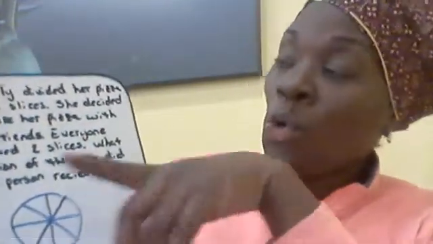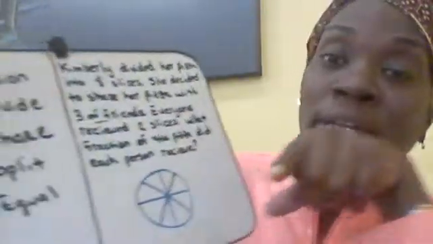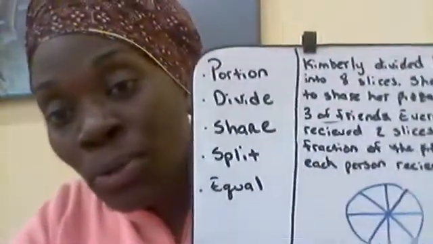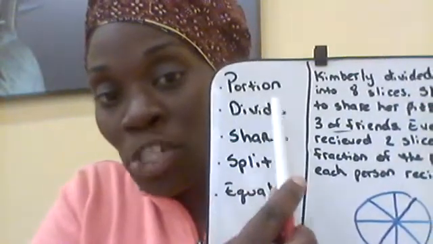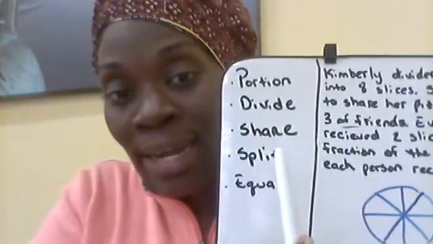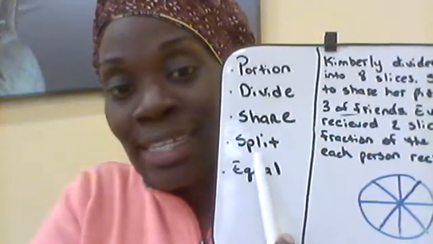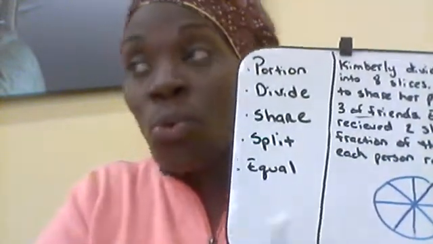So when we look at our word problems, some key words that we need to make sure we look out for are portion, divide, share, split, equal, parts, or segment. So these are all keywords that we would look out for.